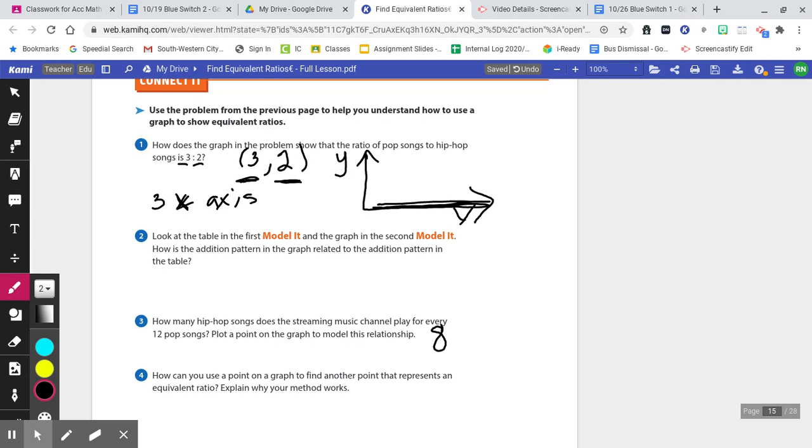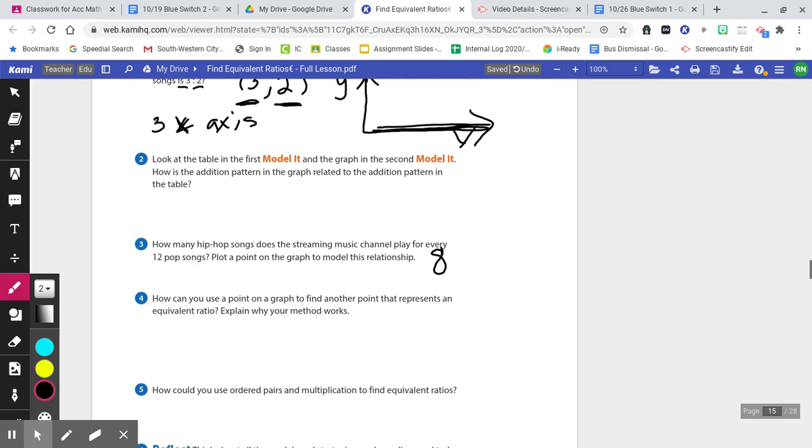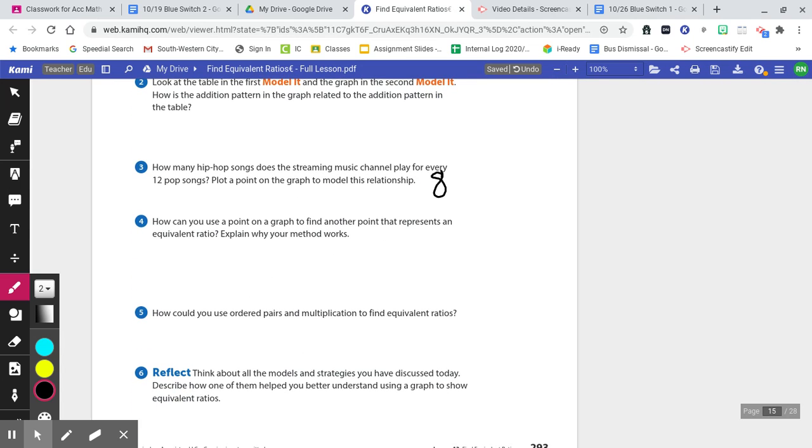And then it says plot a point on the graph to model this relationship. I don't know if you have a graph there or not, so we're just going to keep moving on. How can you use a point on the graph to find another point that represents an equivalent ratio? I do want you to answer this.